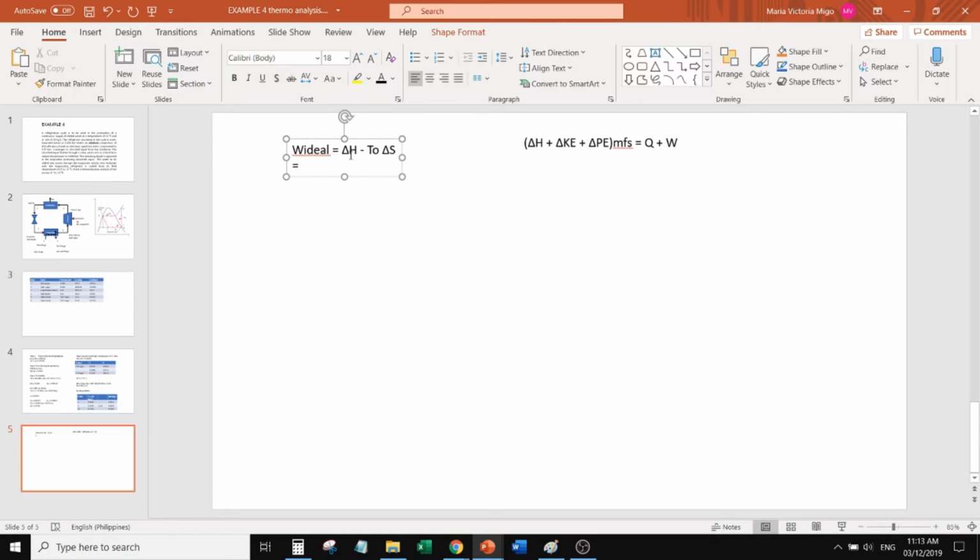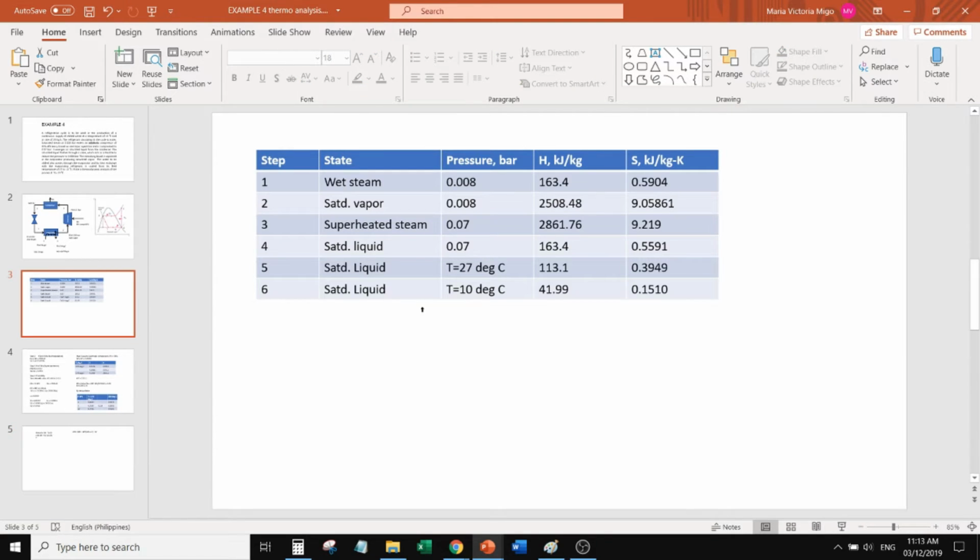Let's just use the formula delta H minus T naught delta S, which we derived from class. So that is H6 minus H5 minus T naught times S6 minus S5. Okay, substitute the values which we got from the steam table.